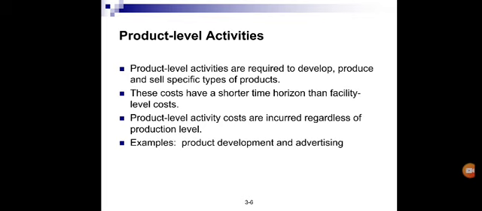Examples are product development and advertising. When you advertise for a product, for example an advertisement for soft drink A, and then for soft drink B you have to do another advertisement, this is called product level cost.